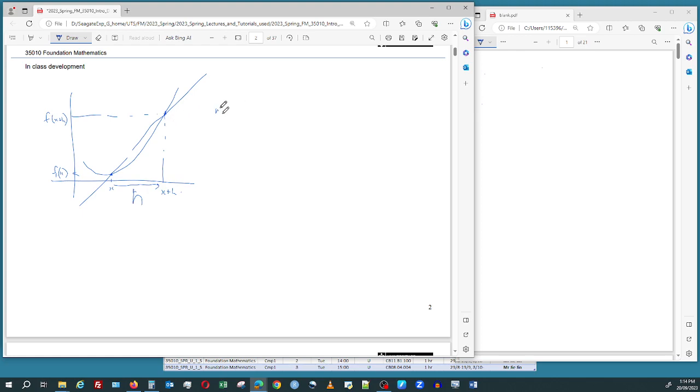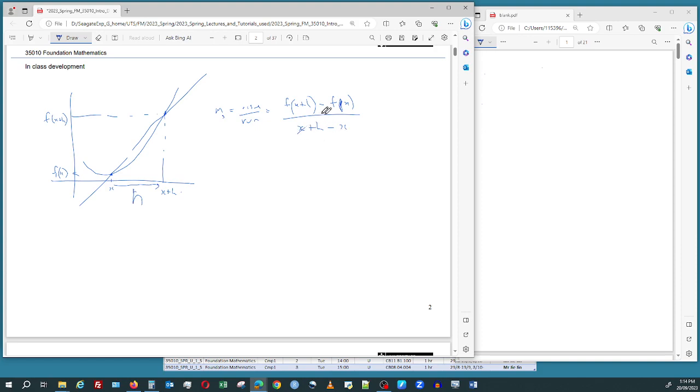So the gradient for this secant is going to be the rise over the run, which is going to be the bigger value, subtract the lesser value, over the bigger x value minus the lesser x value.